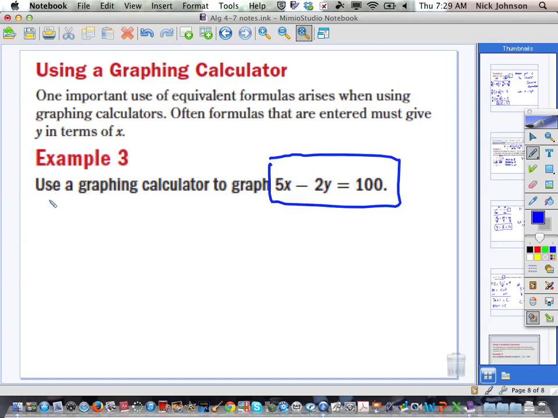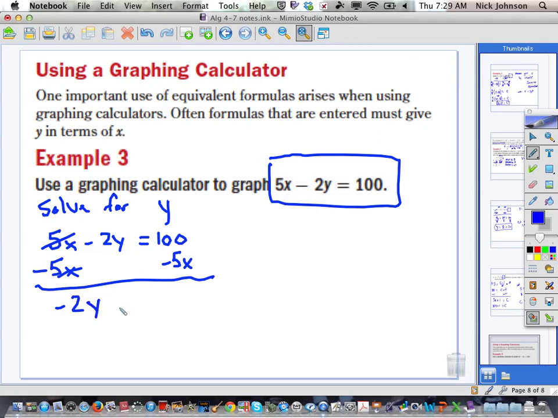First thing we have to do is solve for y. So, when I solve for y, inverse operations, the first thing I got to do is subtract 5x. Because I got to get y by itself, so I subtract 5x. Whatever I do to one side, I do to the other.